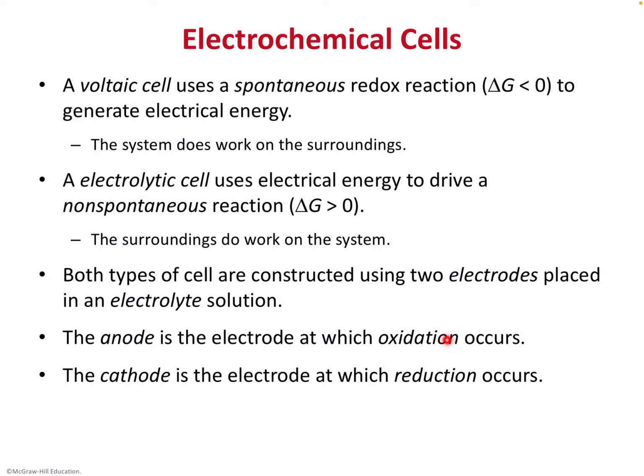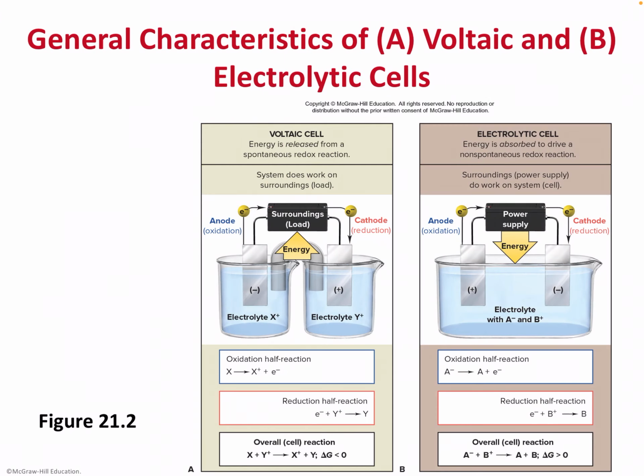These are going to be in two separate containers. We call the electrode at which the reduction occurs the cathode. So anode is where oxidation takes place and cathode is where reduction takes place.